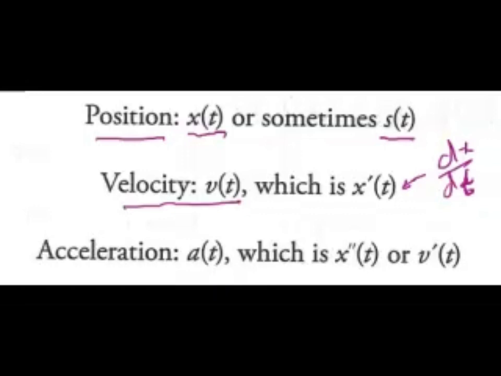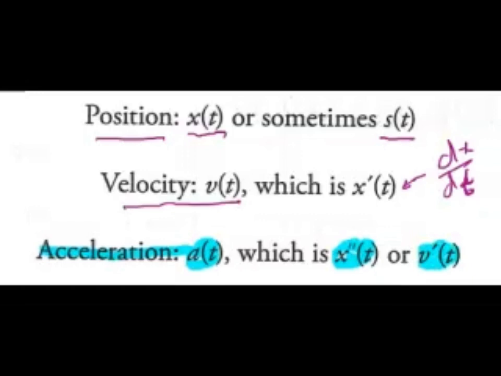Now what is the acceleration? Acceleration a of t is the second derivative of position or displacement with respect to time, and the first derivative of the velocity.